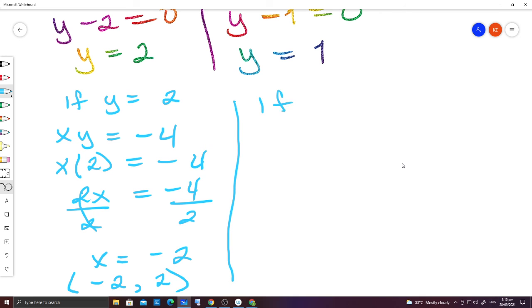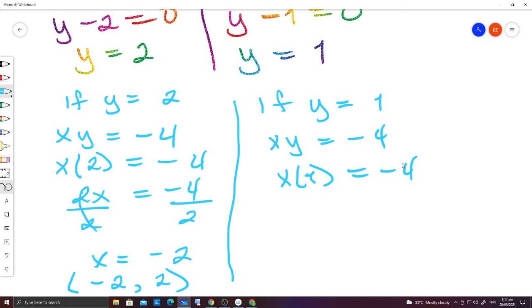Next. Warapit siya, if y is equal to 1. Warapit siya, are you there? Yes, Mr. Okay. If y is equal to 1, x multiplied by 1 equals negative 4.